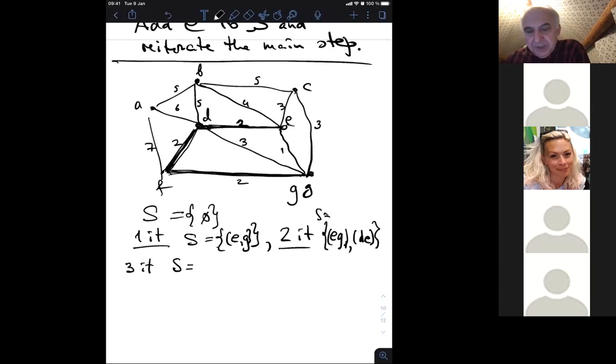My current S would be EG, DE, DF, okay. After that, I cannot add FG anymore.